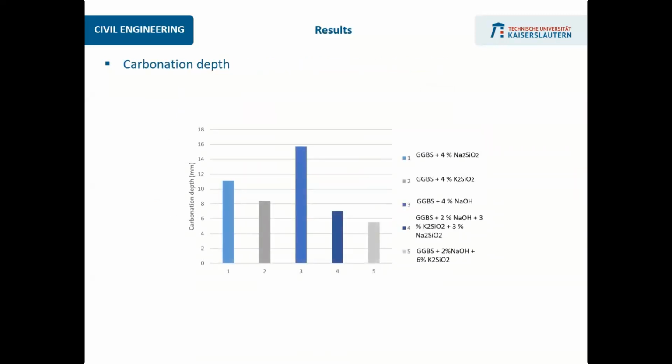Here I'm going to show you the diagram of carbonation depth. As we can easily observe, the silicate-based activators had better resistance against carbonation, and the potassium silicate had the best performance during the carbonation process.